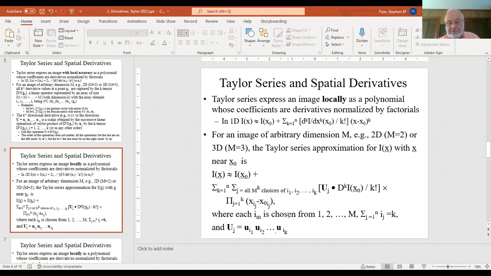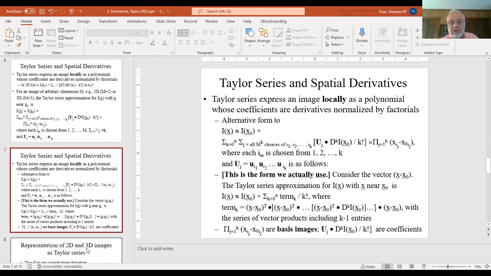And it's chosen from all the possible entries in the corresponding tensor. So for the kth term, you're talking about the k tensor, which is an m by m by m, up to k entries. Okay?